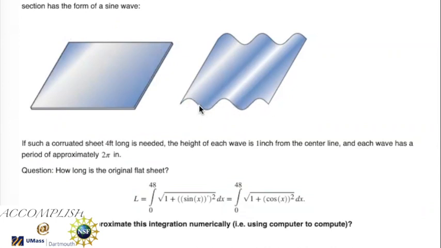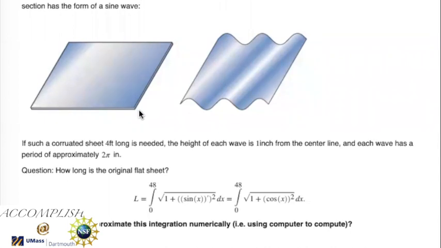Suppose you want to press a flat sheet of aluminum into this wave shape, this sine wave shape. Then we know the length we're going to cover, the length of the roof. But the question is, how much material are you going to need to buy? You know the length of the shaped version, and you want to find the original length so that you can budget and buy it.